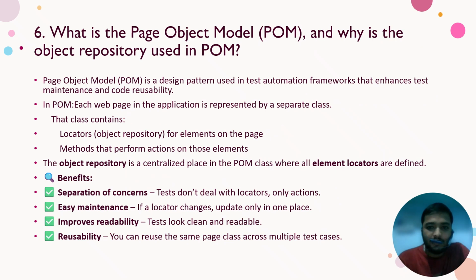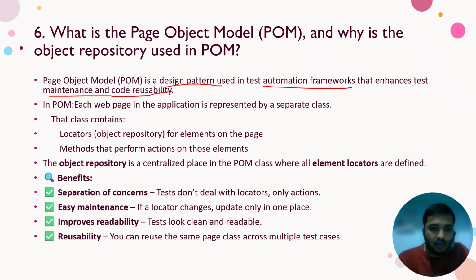What is the Page Object Model and why is an object repository used in POM? Page Object Model is a design pattern used in test automation frameworks that enhances maintenance and code reusability.